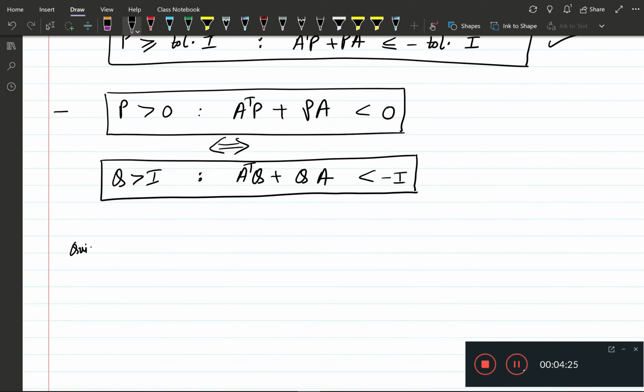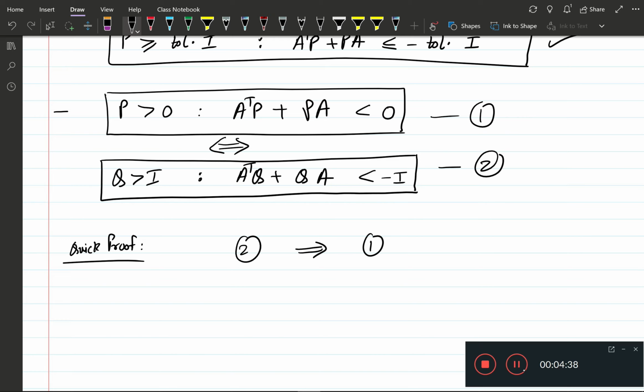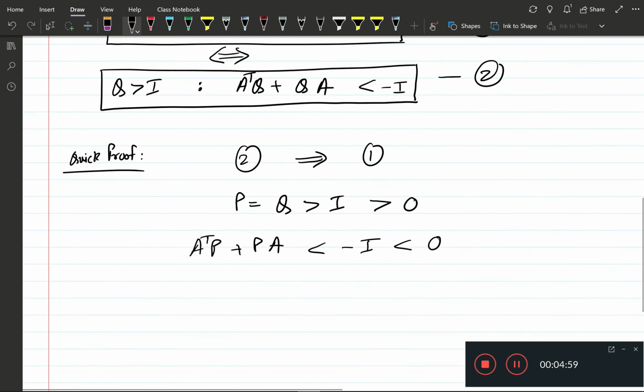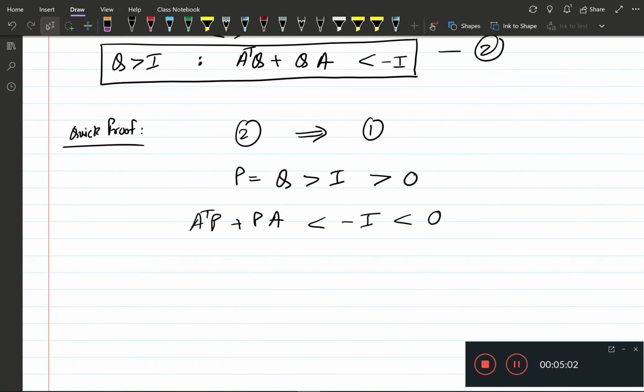A quick proof of that would go something like this. So let's call this 1, let's call this 2. So 2 clearly implies 1 because we can just choose P as Q greater than identity, which is obviously greater than 0, and then we have A^T P plus PA is minus identity, which is negative definite. So that's clearly true.